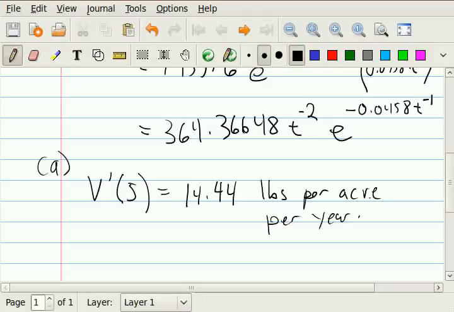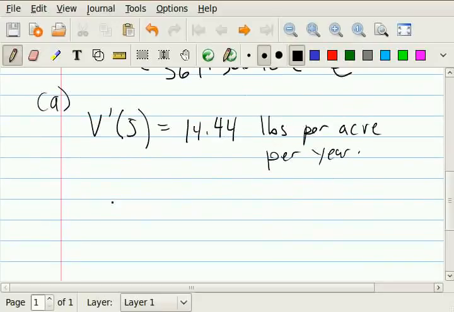Going from the 5th year to the 6th year, roughly speaking, the yield per acre is going up 14.5 pounds. So if the farmer has say 100 acres, it would be something like 1,444 pounds per year of growth.